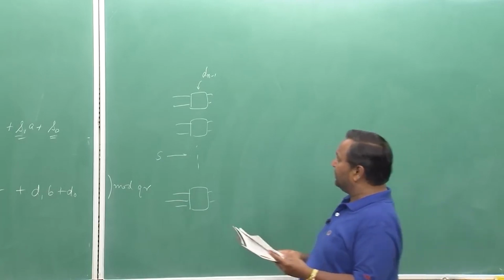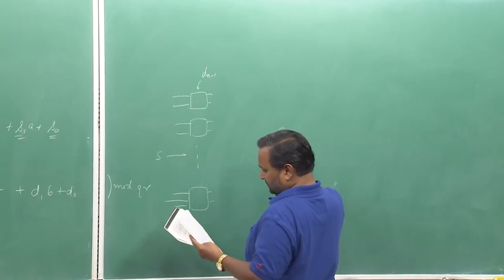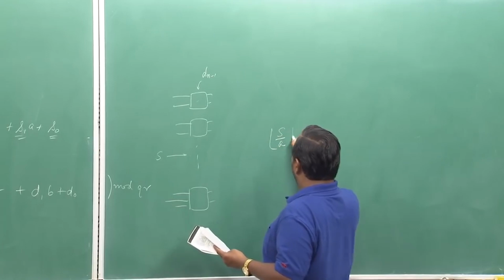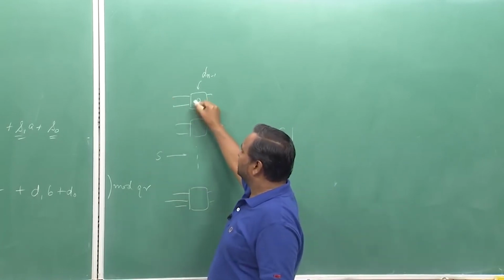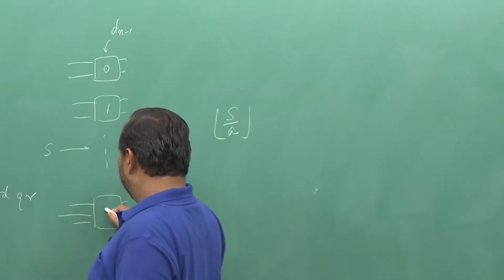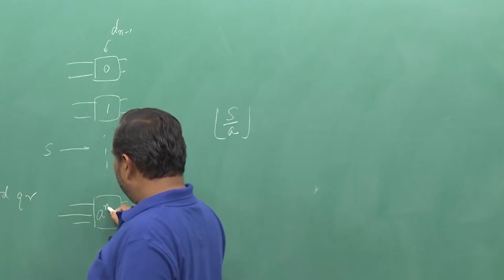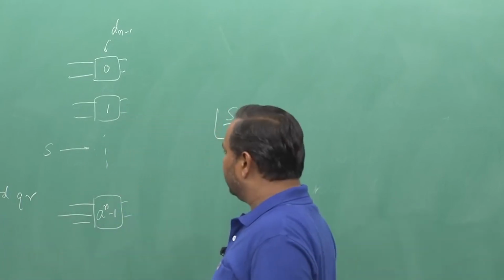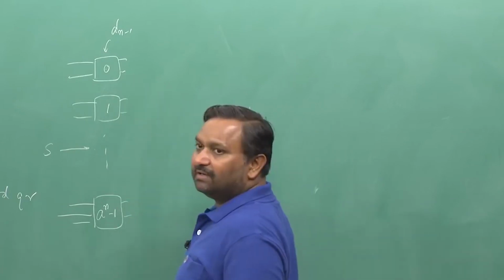So, this will be now connected to a switch which will be S by A, the lower floor function. So, if S has a value from 0 to A minus 1, it is connected to switch 0. So, I am counting from 0 the switch numbers, and this will be A raised power n minus 1 switches. Okay. So, when I divide by A, I will get the switch number.